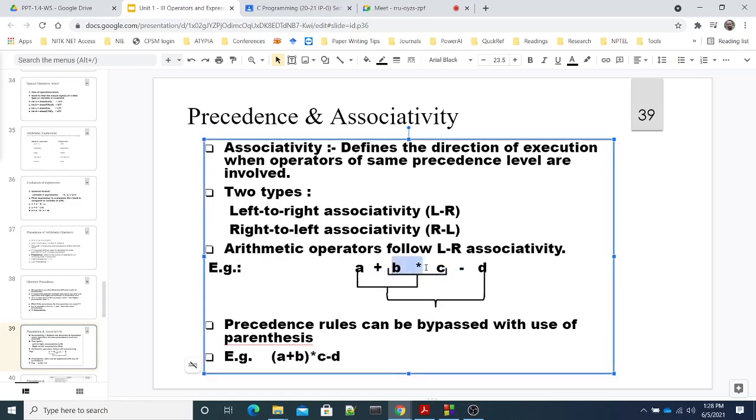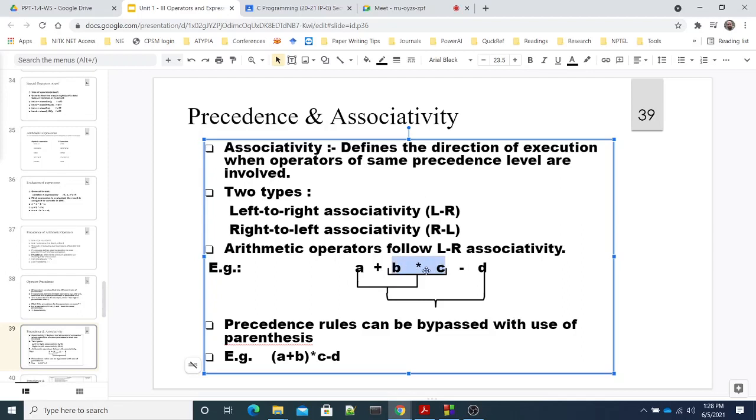It will be b into c. Is it clear? Always we apply precedence first. Since only multiplication is there, and the other two, subtraction and addition, have lower precedence than multiplication, this will take place first.